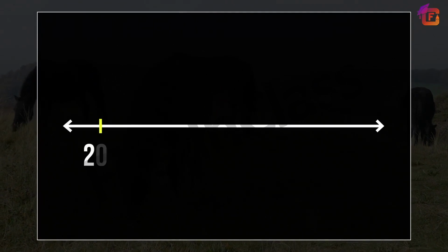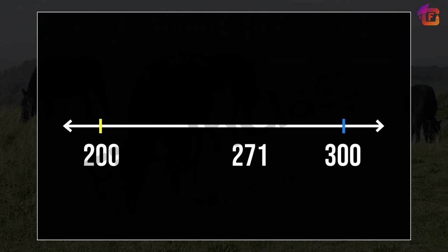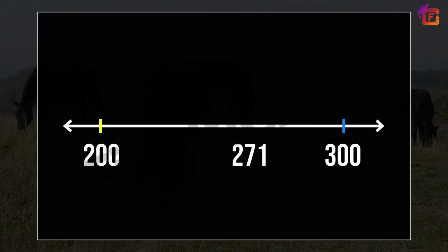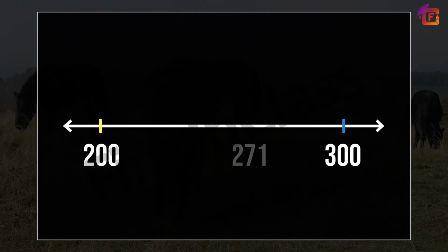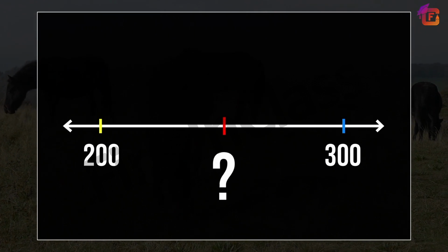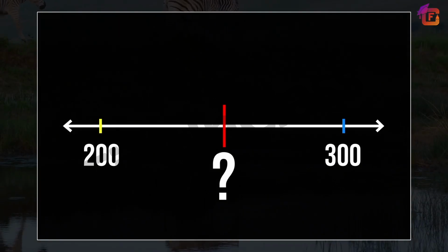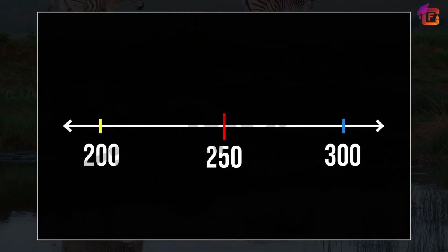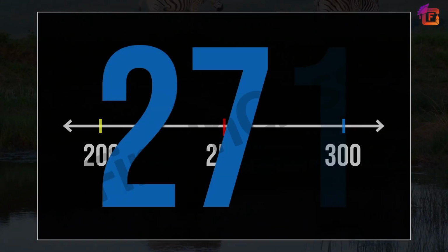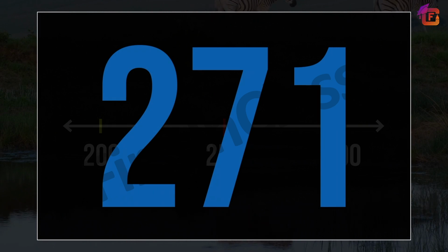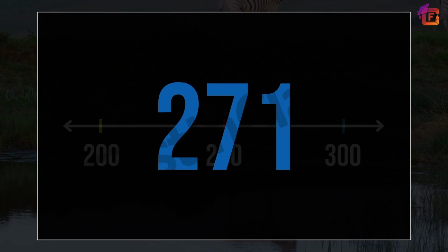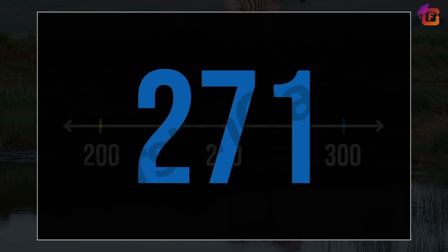Yes, learners, 271 lies between 200 and 300. Now, which number sits exactly between 200 and 300? Well, you got it right. It is 250. Now let us see where would be 271 on this number line. Keep trying, learners. Yes.